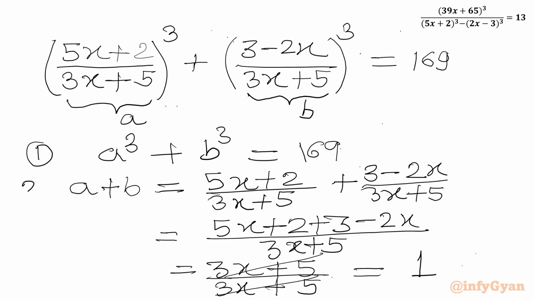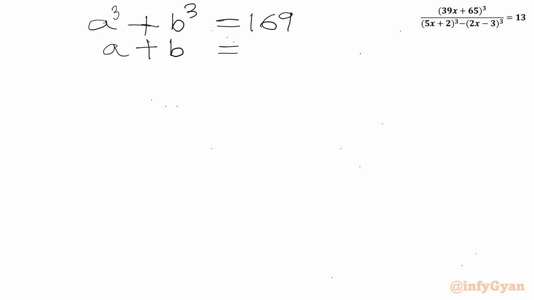And this equation I will consider equation number 2. So let me write our equations here. A cube plus B cube equal to 169 and A plus B equal to 1.